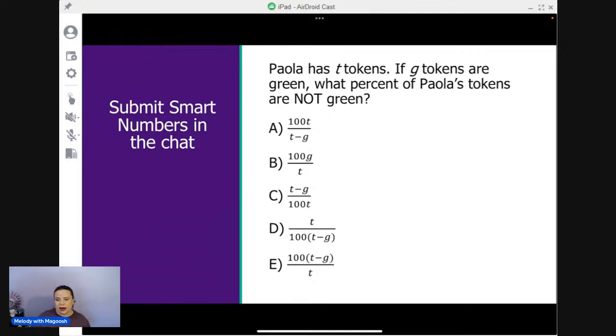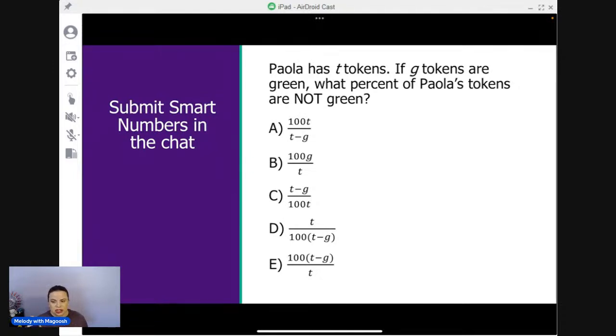Here we have, Paula has T tokens. If G tokens are green, what percent of Paula's tokens are not green? So if you tried to approach this algebraically, even those who are very strong in algebra might find that it's a little complicated and it would be easy to make a mistake.